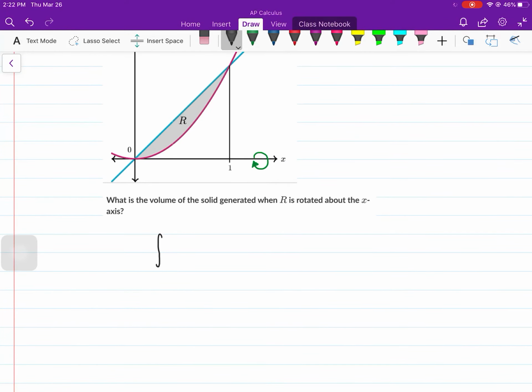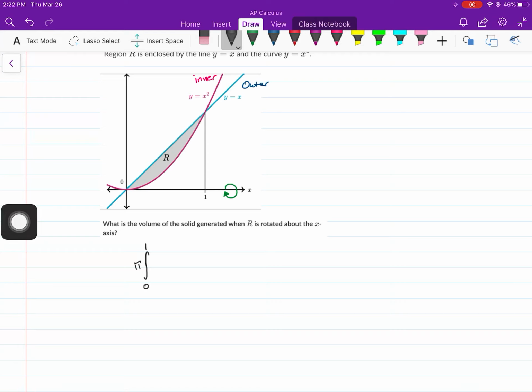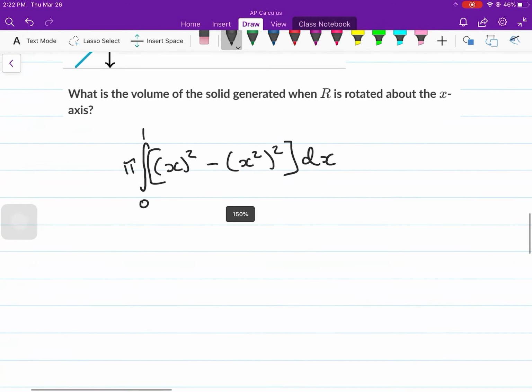So our integral, we're going to integrate pi from a to b, and we're doing it with respect to the x-axis, so from 0 to 1. Now we're going to do the outer first, so that's going to be x minus the inner, with respect to x.